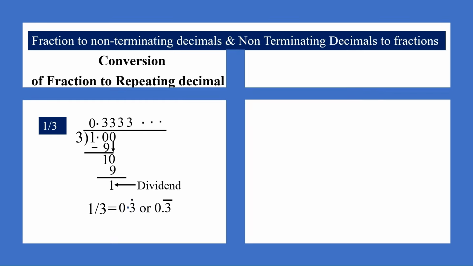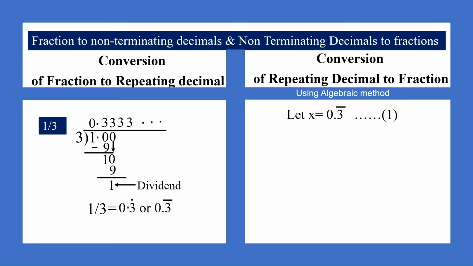Now let us do the reverse with the algebraic method. Let x be equal to 0.3 bar. 3 is getting repeated. We multiply both sides by 10. 10x is equal to 3.333, it will go on repeating.